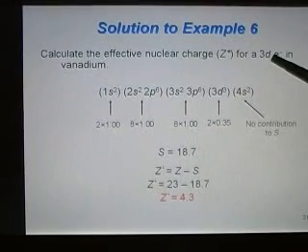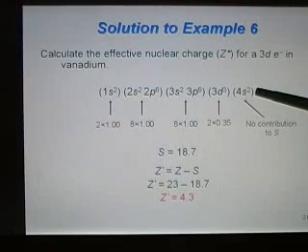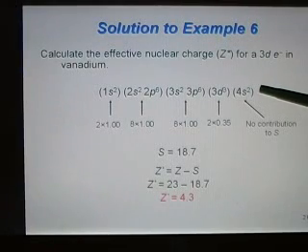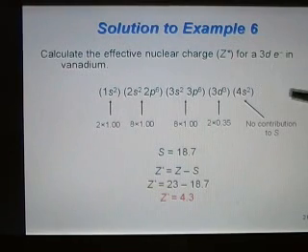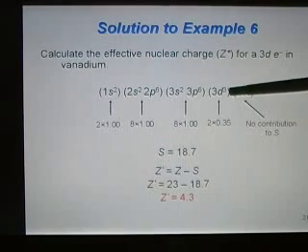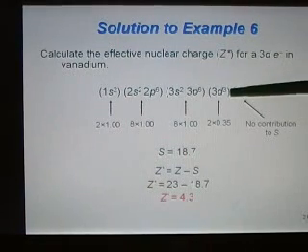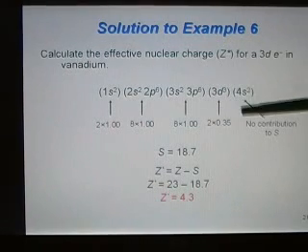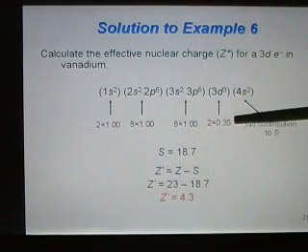Now, since we're interested in looking at a 3d electron, we ignore the 4s2 electrons because they do not contribute to the shielding constant. Since one of the 3d electrons is the electron of interest, the other two shield it somewhat.